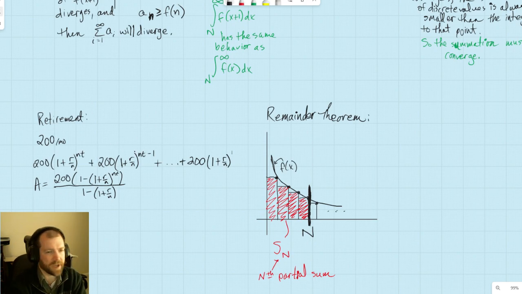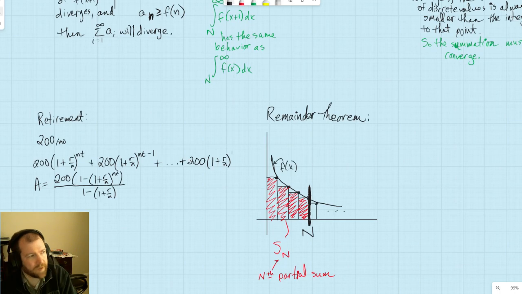The next payment you make is 200 times (1 + r/n)^(nt-1), because it's going to make one fewer month's worth of interest payments. That goes all the way down until you get one payment that only has one interest period. Then when you add them all up together, the first term is going to be your 200. Technically this is plus a 200. Wow.